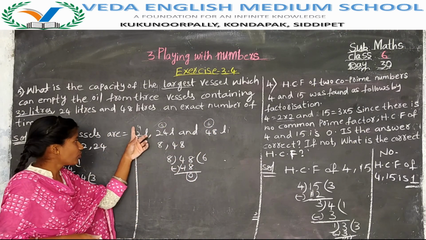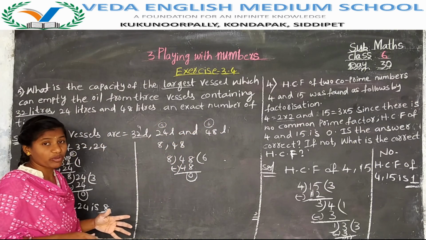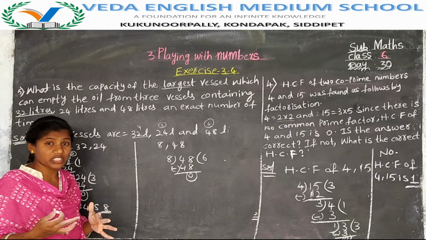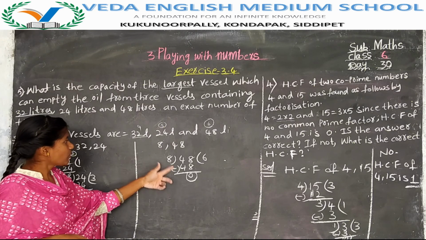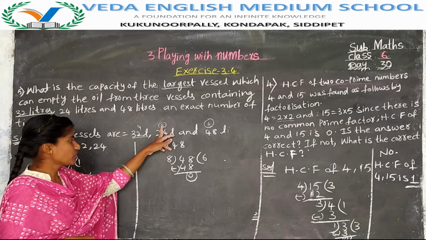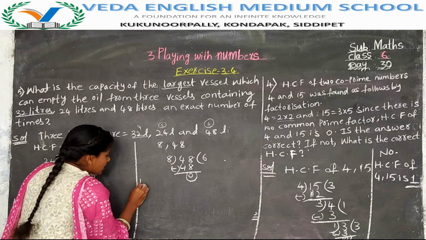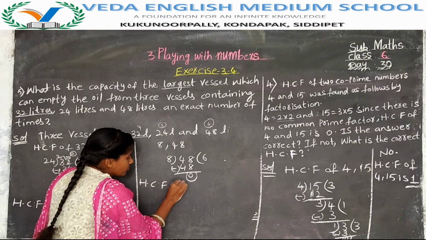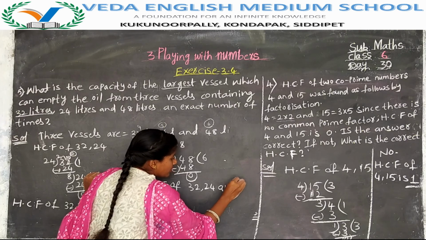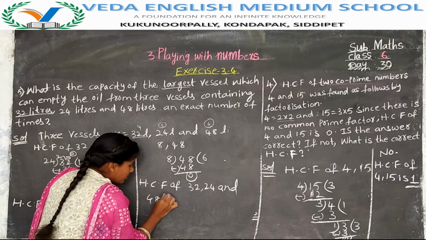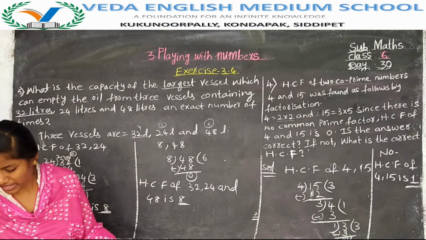They said exact number of times, which means with remainder 0. So it can measure 4 times, 3 times and 6 times. Finally, write HCF of 32, 24 and 48 is 8. So the fifth problem is completed.